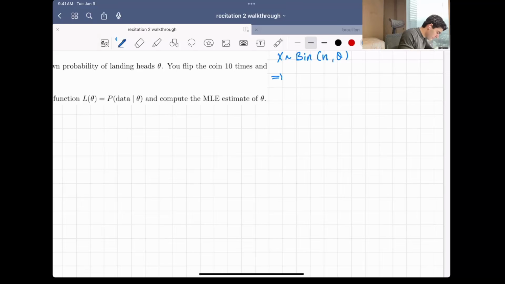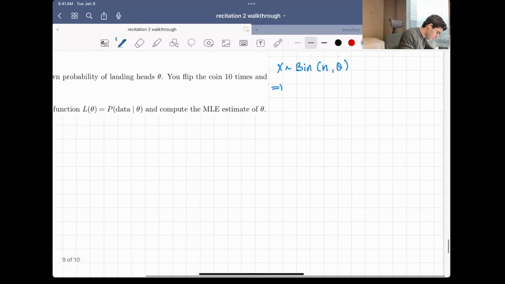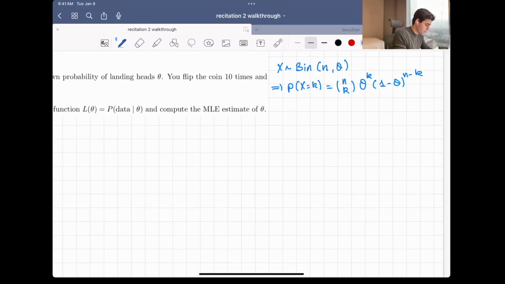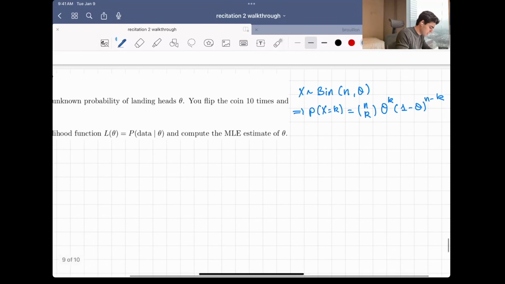Then the PDF of x, the probability that x equals a certain number of heads k, will be equal to n choose k times theta to the power k times 1 minus theta to the power n minus k. This is a handy formula we will keep in mind to solve this exercise.